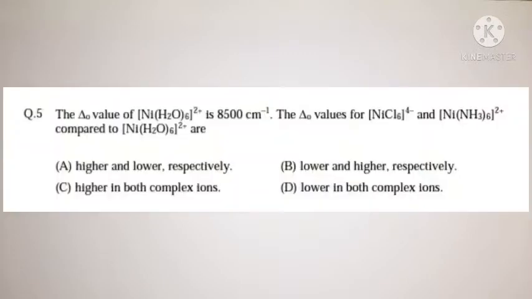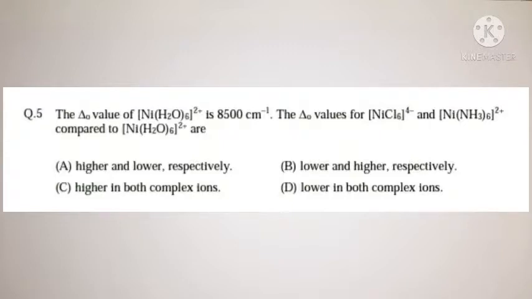So friends, in this video we are going to discuss previous year questions of coordination chemistry which were asked in the GATE 2019 exam. Okay, so let's start. Now see, this is your first question and it says the del O value of this complex is 8500 centimeter inverse.